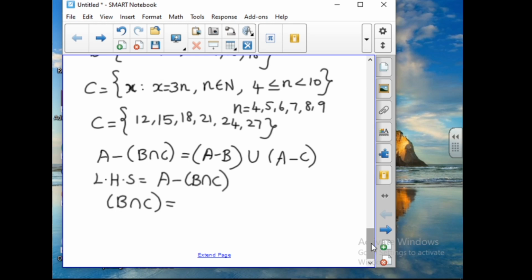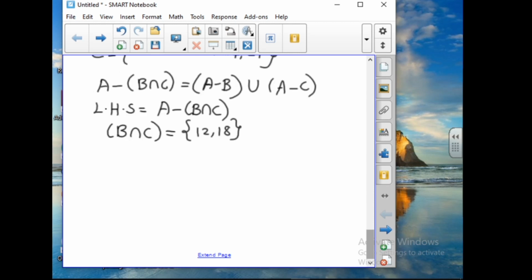So what are the common elements of B and C? That is 12 and 18. Next we have to find A difference B intersection C.